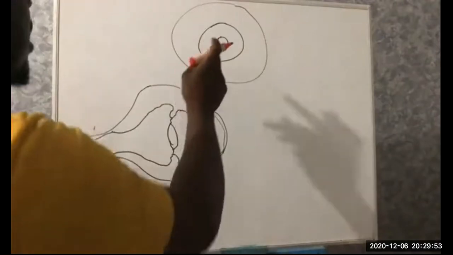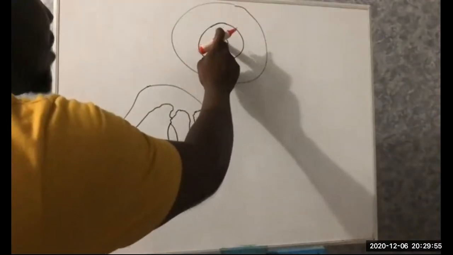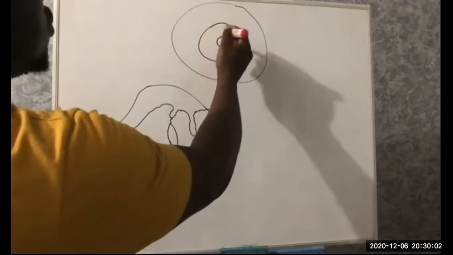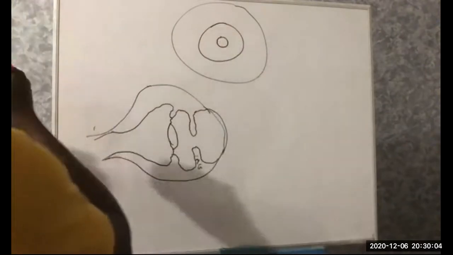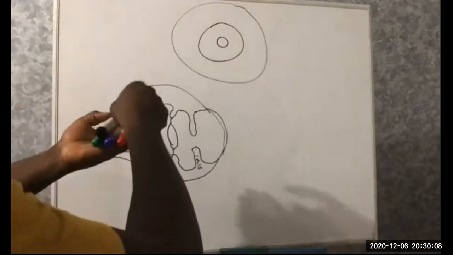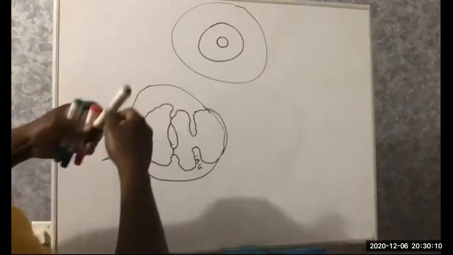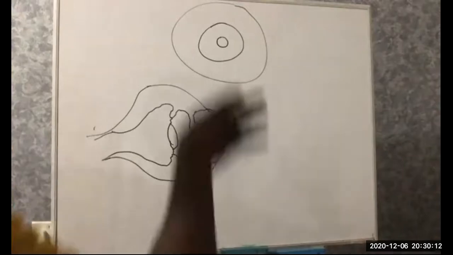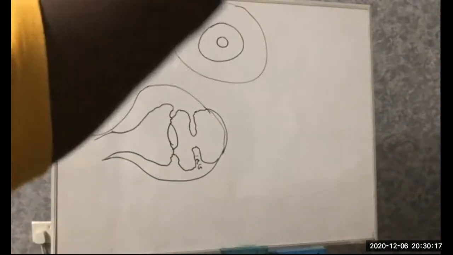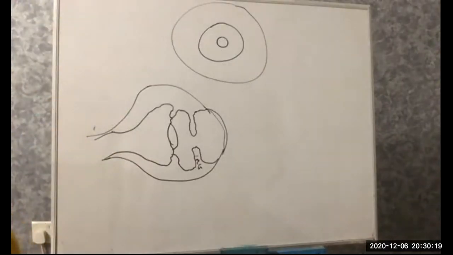Now, the iris controls the size of the pupil, okay? It controls the size of the what? The pupil. So that you can view far objects and near objects also. So when I'm looking at far objects, what should happen? The pupil should dilate, right? Then I can see objects from a distance. When I'm in a dim light area, what should happen?